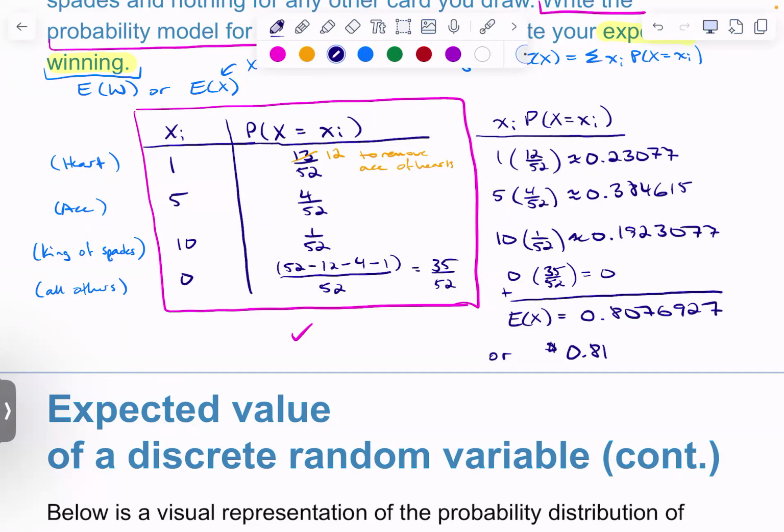But for each play, you're really only expecting an 81 cent return, right? And so then paying $1 each time, you would be running at a loss every single game, right? But if it only costs you 20 cents, sure, go ahead, play it, right? But like I said, usually the cost to play is more than the expected value.